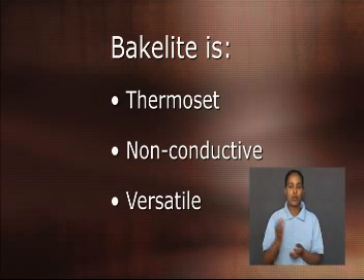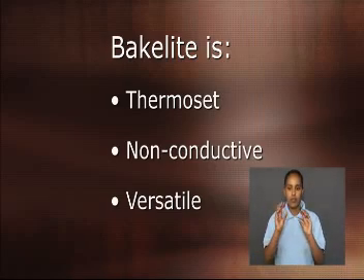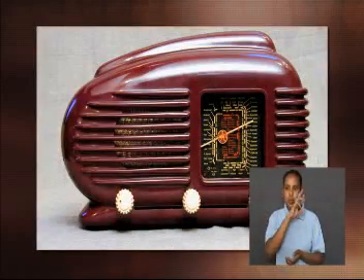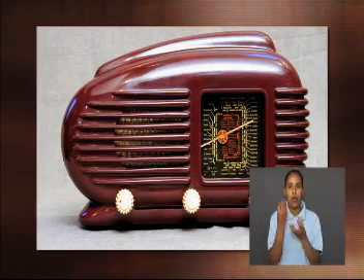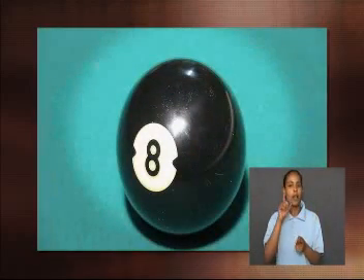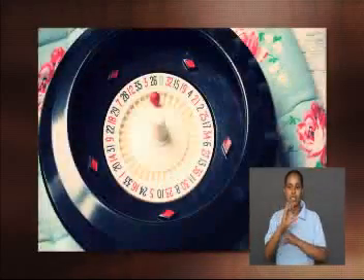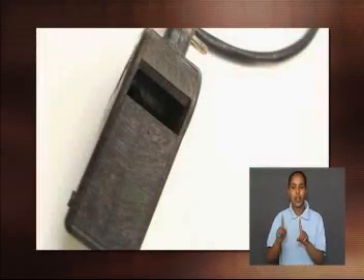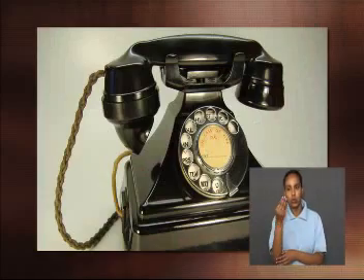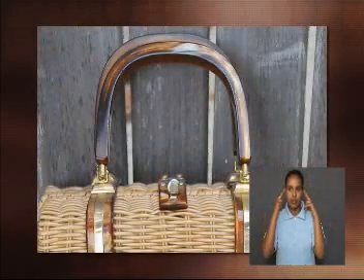It is also electrically non-conductive. Because it was the first commercially successful plastic, bakelite was extensively used in the first half of the 20th century. It was made into such diverse products as toys, headphones, jewelry, and kitchenware.